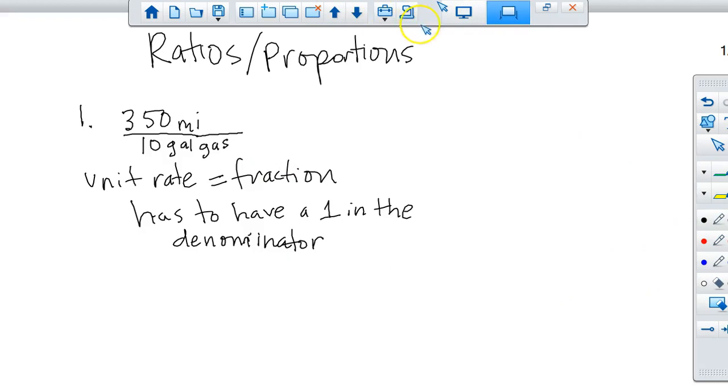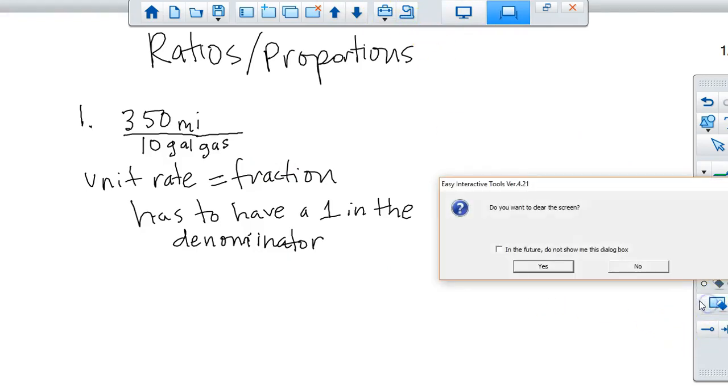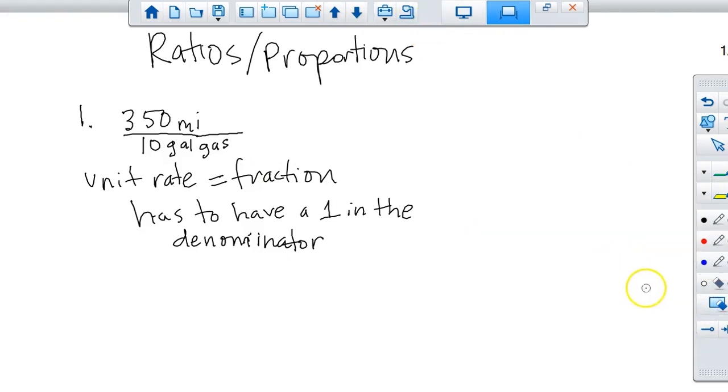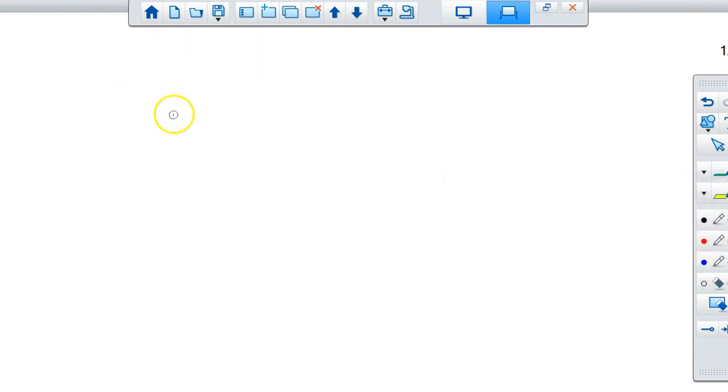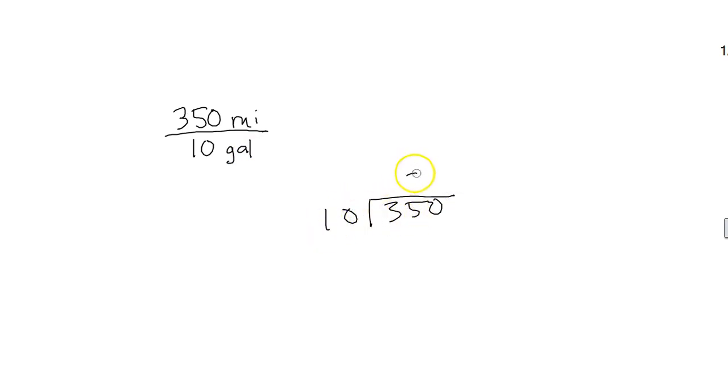Bear with me because I'm new to using this particular whiteboard. I'm going to clear everything out and start from scratch. So again, back to the problem. We have 350 miles of distance achieved for 10 gallons of gas. So what we want to do is get a 1 at the bottom. If we do 350 divided by 10, 10 goes into 35 3 times.